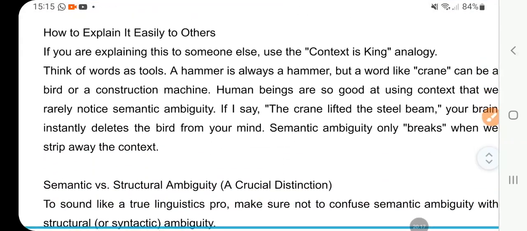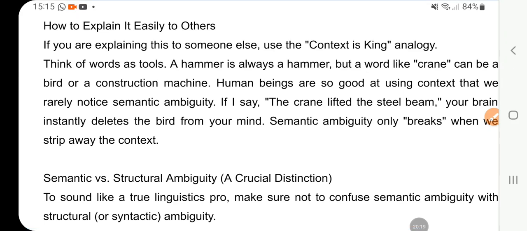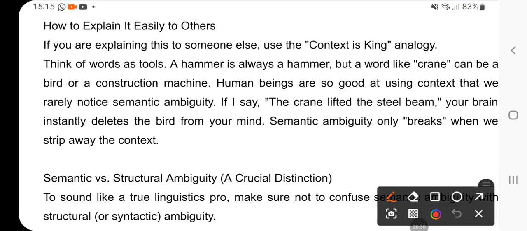So how to explain it easily to others? If you are explaining this to someone else, use the context is king analogy. What is the context is king analogy? Think of words as tools.